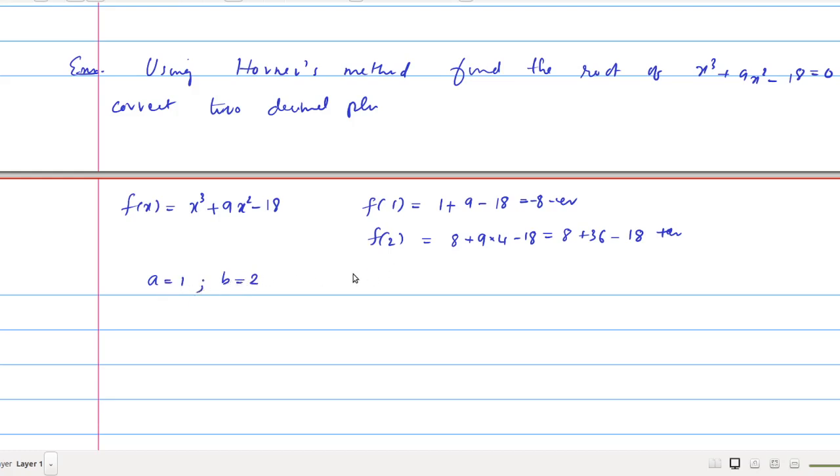So we can set our real root alpha as something like 1.d1 d2 d3 d4 etc. In order to find the root correct to 2 decimal places, we need to set alpha as 1.d1 d2.